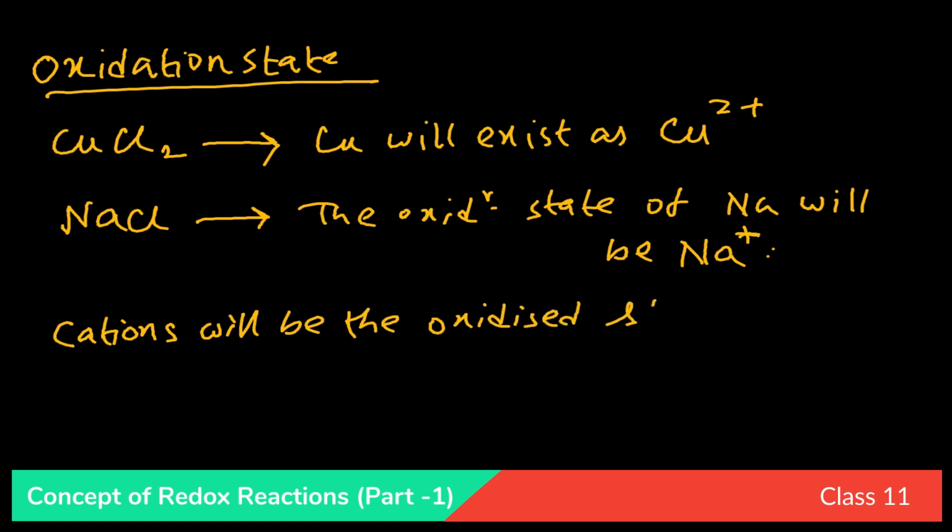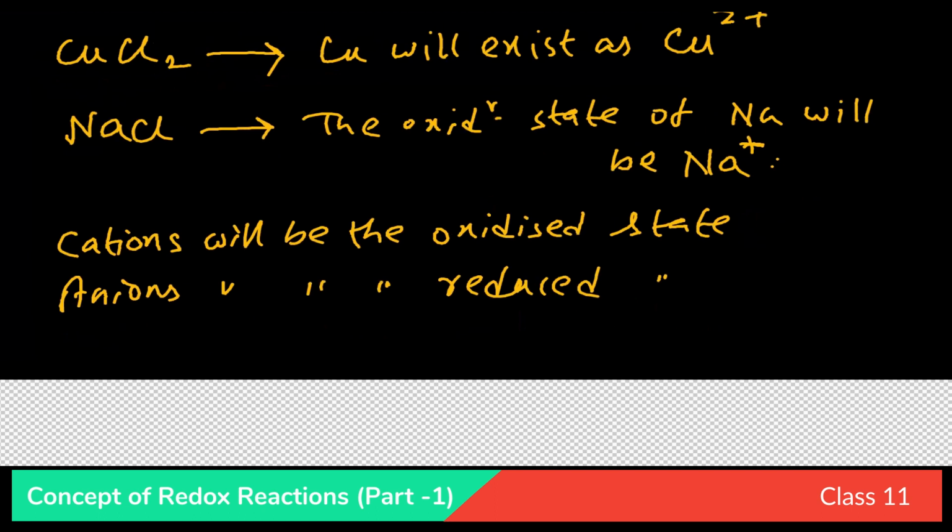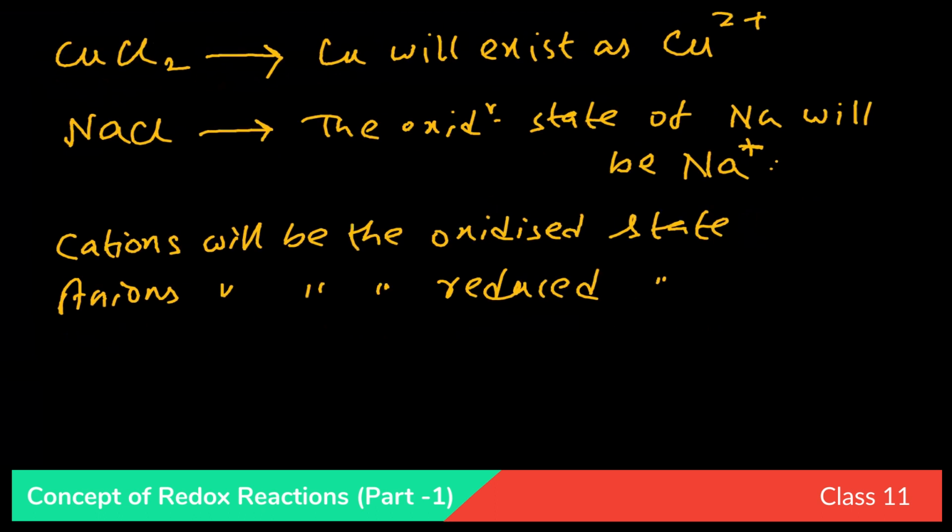And anions will be the reduced state of an element. Understood? So for NaCl, which one will be the oxidized state and which one will be the reduced state?